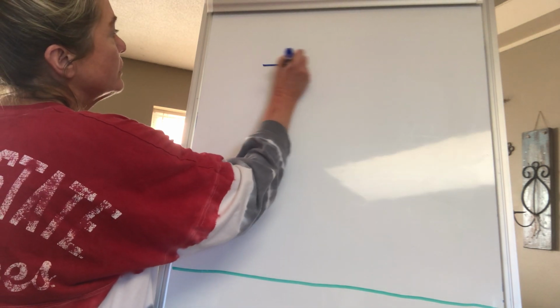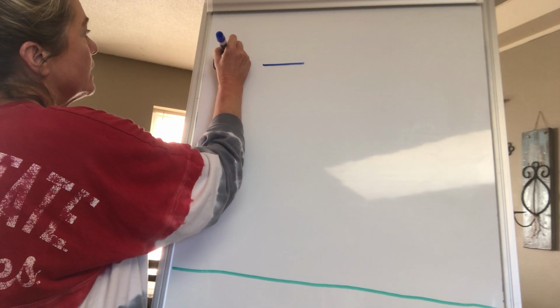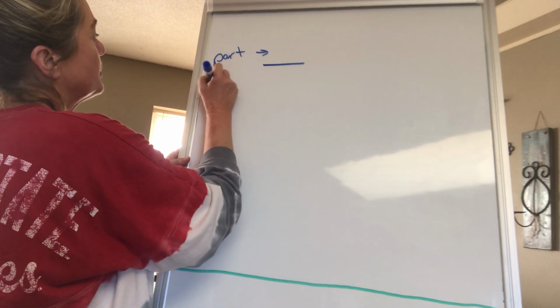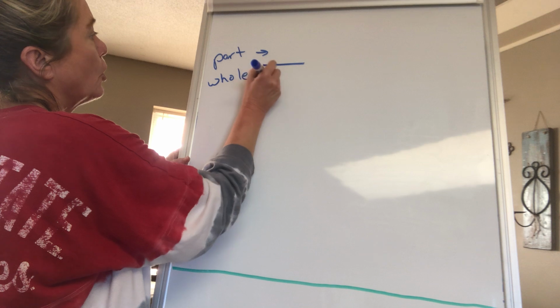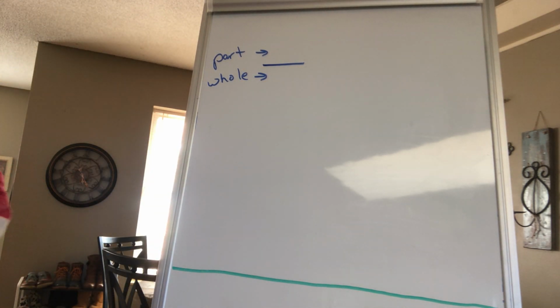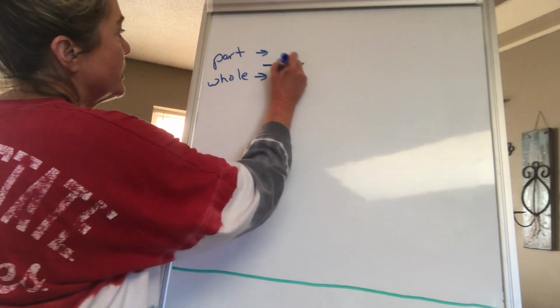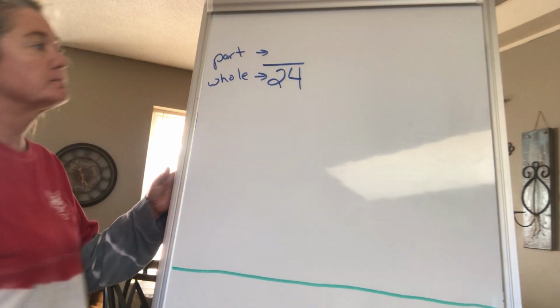We know that we're looking for a fraction, and we're trying to figure out part versus the whole. And we said the whole is usually easiest to find to start with in our word problem. So if I look through there, I know that she had 24 pencils in the whole box. So there's the bottom part of my fraction.